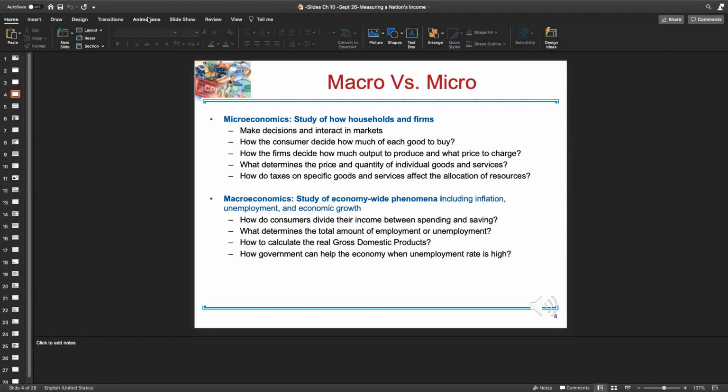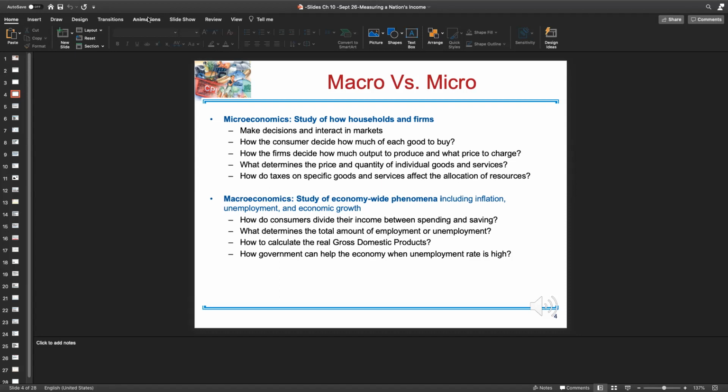The basic questions are about how consumers decide how much of each good to buy, how firms decide how much output to produce and what price to charge, what determines the price and quantity of individual goods and services, and how taxes on specific goods and services affect the allocation of resources.